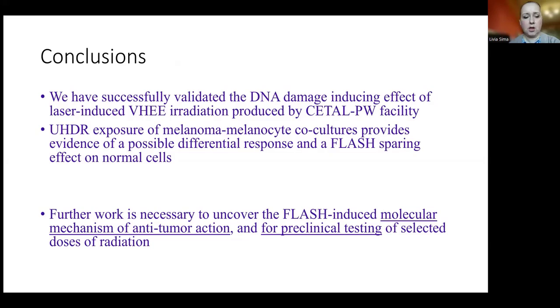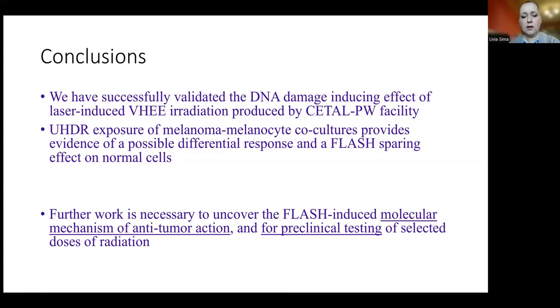But we still have a lot of work to do because it is necessary to uncover the flash-induced molecular mechanism of anti-tumor action. Most of the experiments were done in animal models, but there is no deep study on the molecular effects of flash radiation in cells.